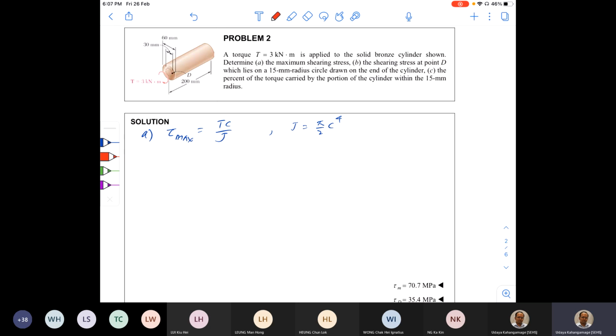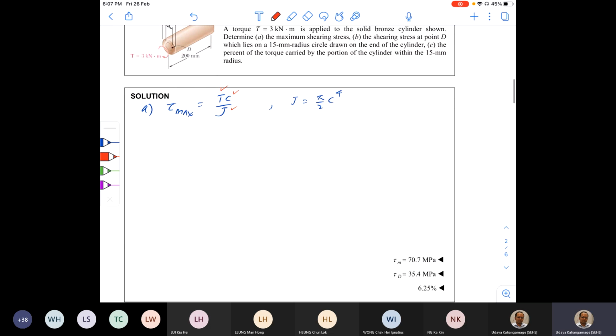So T is given, C is 30 millimeters, known, and using the J equation we can find this one. I don't need to work out this question. I leave that part for you and see whether you can get this answer.